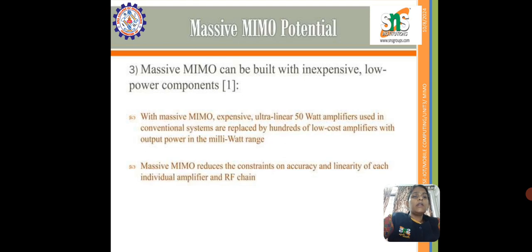Ultra linear 50 watt amplifiers used in conventional systems are replaced by hundreds of low cost amplifiers with output power in the milliwatt range. So massive MIMO reduces the constraint on accuracy and linearity of each individual amplifier and RF chain.